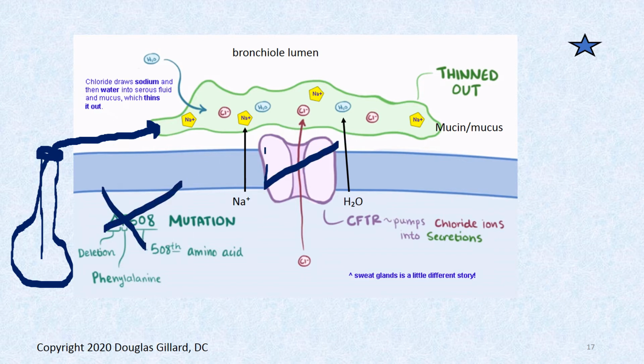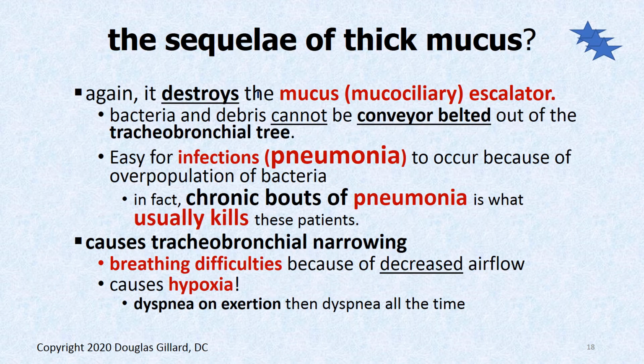But if you knock out that channel, you have mucin, almost raw mucin floating around, which is like fly paper, and that's no good, right? So it destroys the mucociliary escalator. Bacteria and debris can't get removed. Infections happen all the time. These patients are in the hospital once a year, sometimes twice a year from pneumonia.